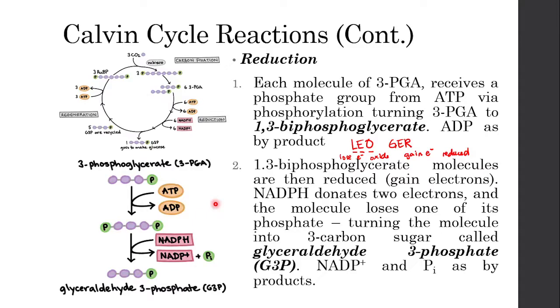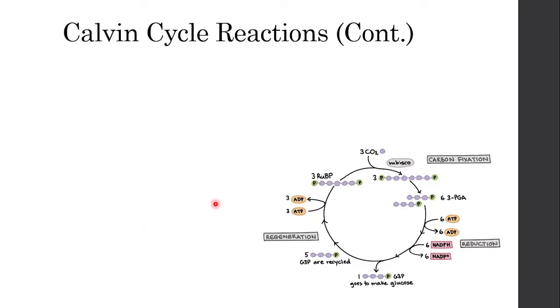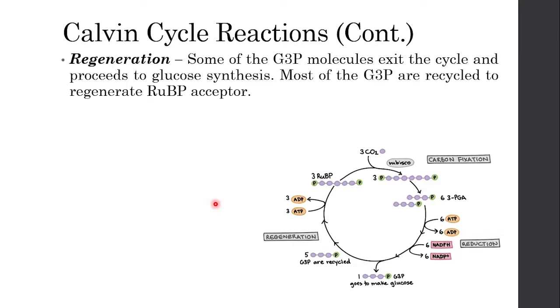And the last part is what happens to these G3P. More specifically, one G3P molecule exits this whole cycle and proceeds into glucose synthesis. This is a whole other process, but we're not going to talk about it.